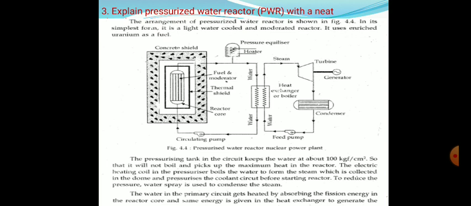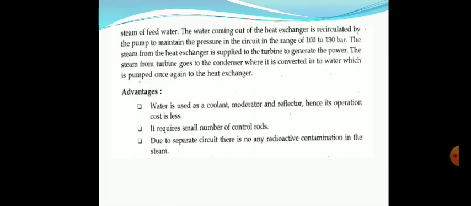The water in the primary circuit gets heated by absorbing the fission energy in the reactor core, and the same energy is given in the heat exchanger to generate the steam from feed water. The water coming out of the heat exchanger is recirculated by the pump to maintain the pressure in the circuit in the range of 100 to 130 bar.